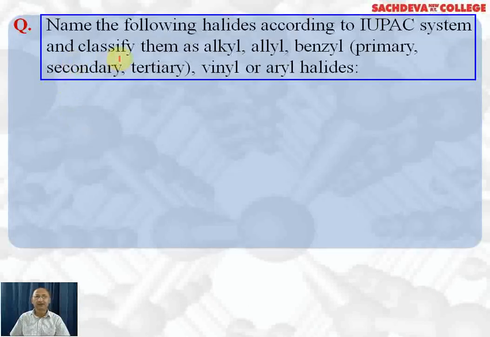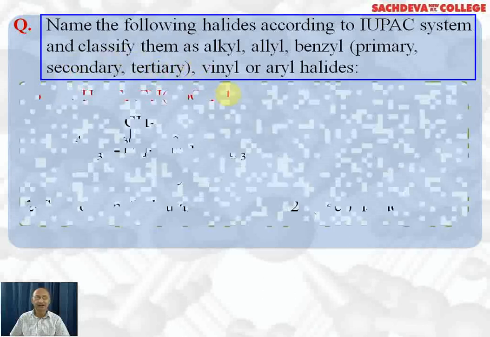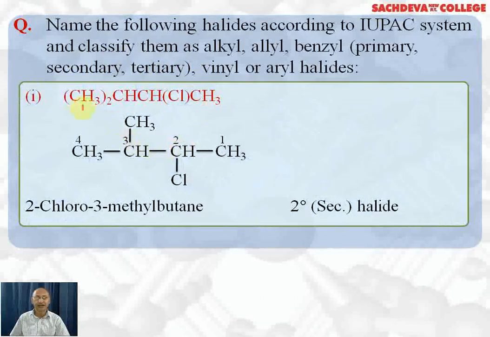Next question, name the following halides according to IUPAC system and classify them as alkyl, allyl, benzyl, primary, secondary and tertiary, vinyl and aryl halides. So the first question we have got CH3 twice CH, CHCl, CH3. The first step is to write it in this form. This CH is attached to a methyl group, so attach the methyl group here.